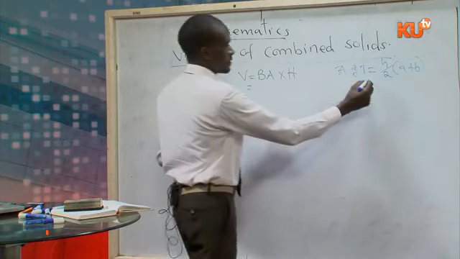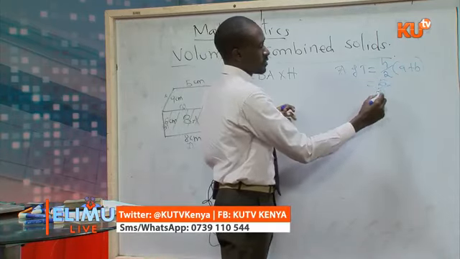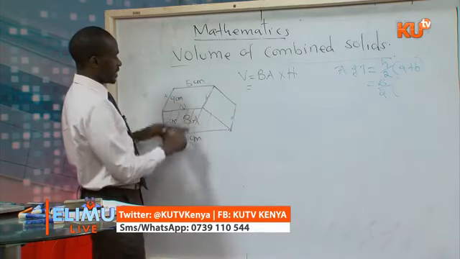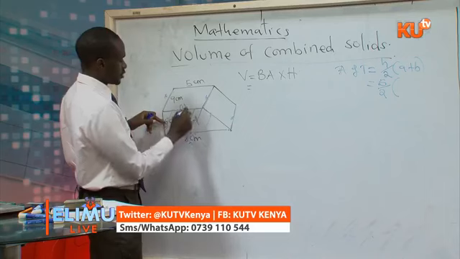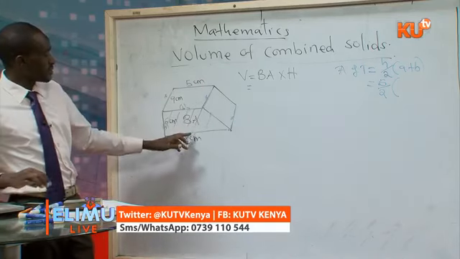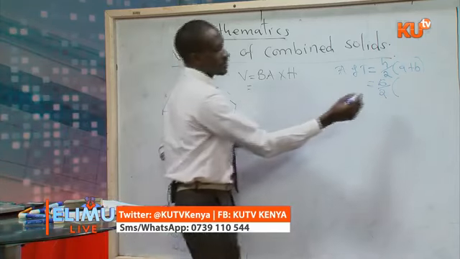So we say the area of a trapezium is 6 over 2 into A plus B, where A and B are the two parallel lines. There are two parallel lines, this one and this one. One is small and one is big.